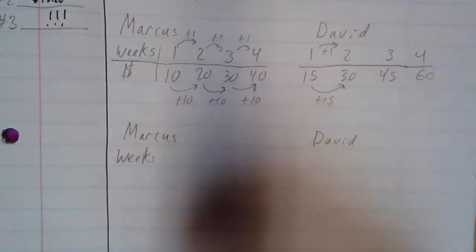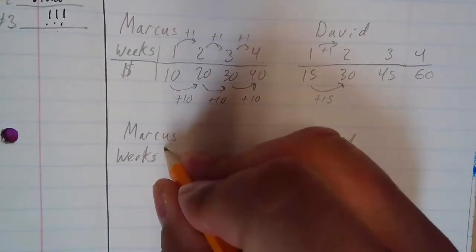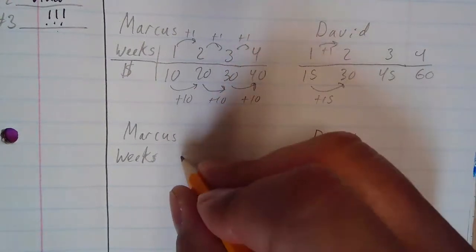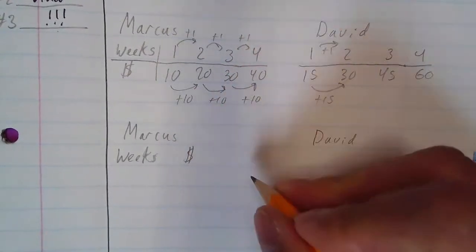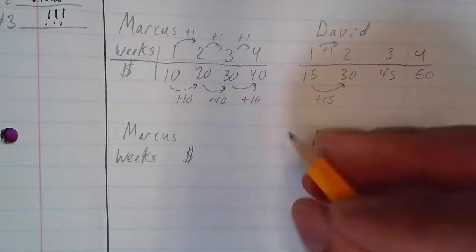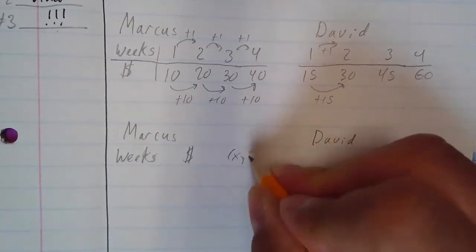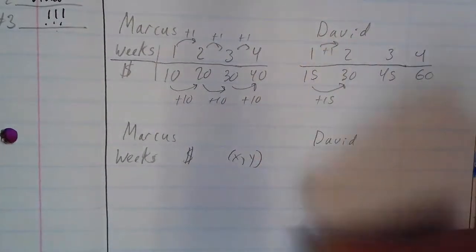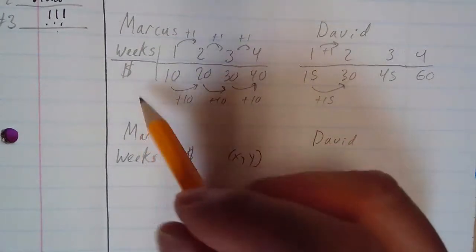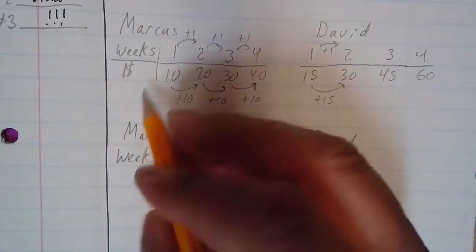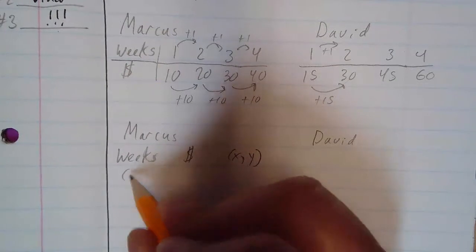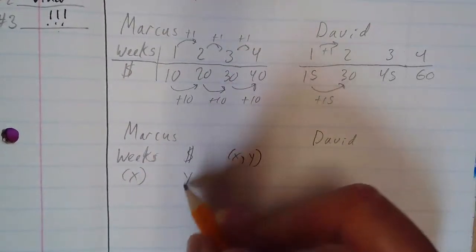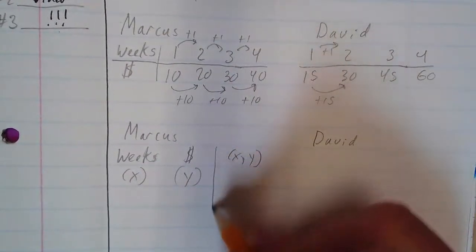Get your hand used to doing the work. Okay. So weeks, money saved, and then the ordered pair. Now, according to this, the weeks will be the x-coordinate. The money will be the y-coordinate, and together you have an xy situation.